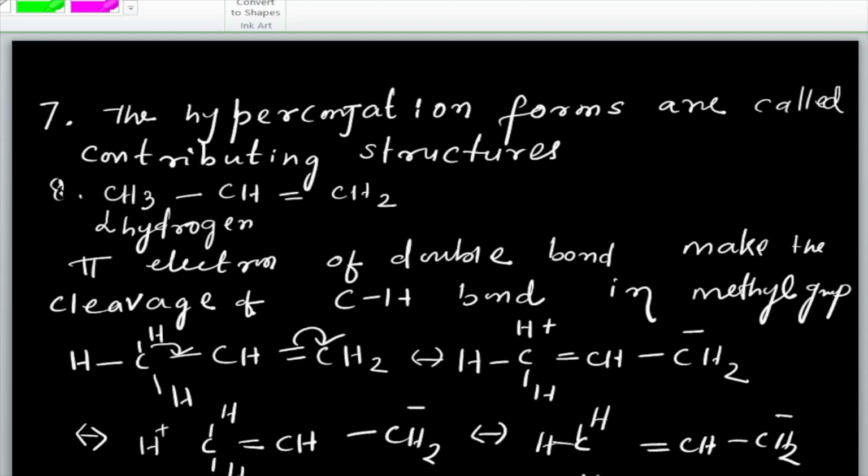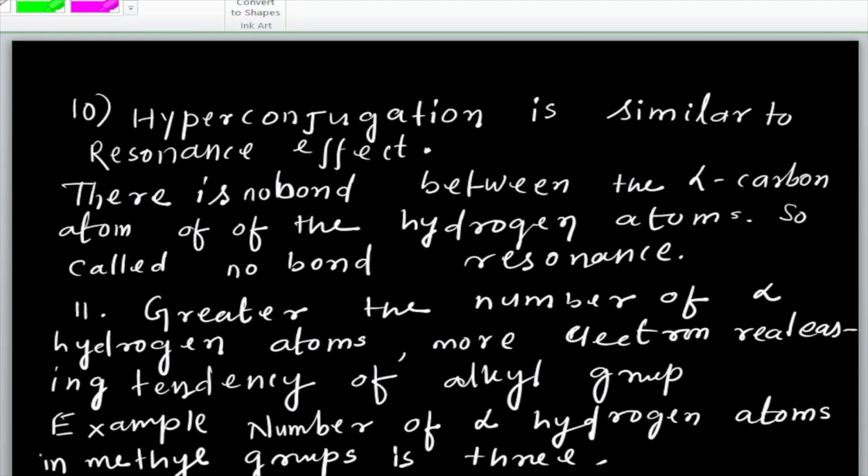But since it is localized to the sigma bond, it exists as H plus, and there is no bond between C and H. In propene this happens 3 times, 1, 2 and 3, because 3 H plus are produced, so it is called the cleavage of the CH bond of the methyl group.